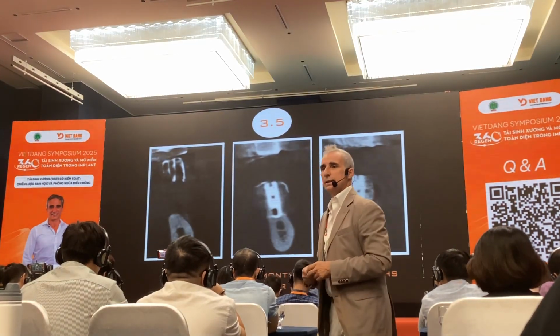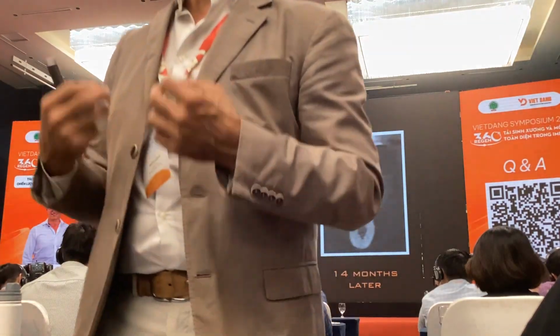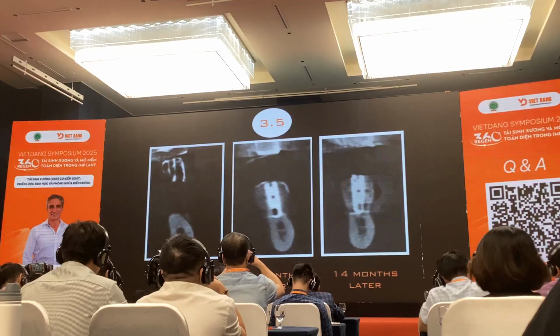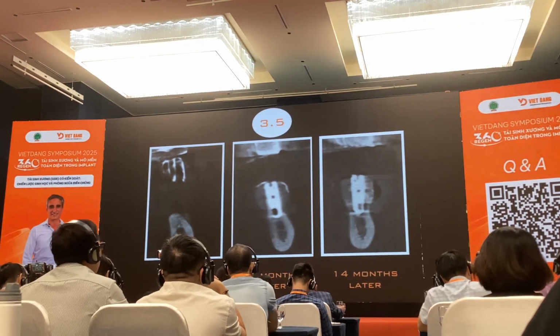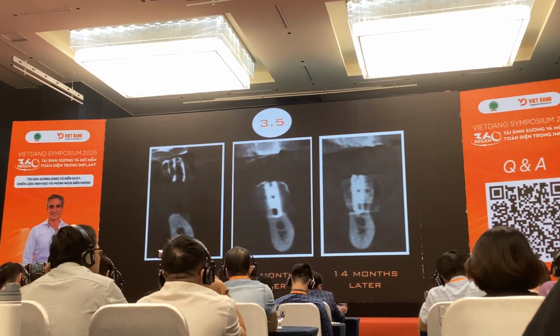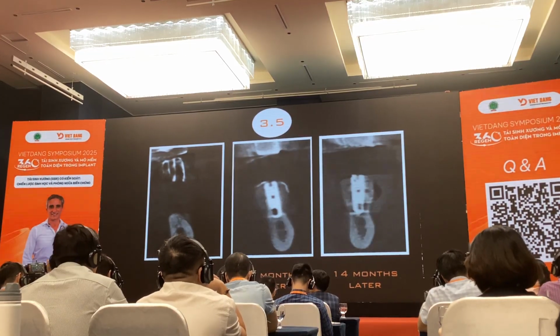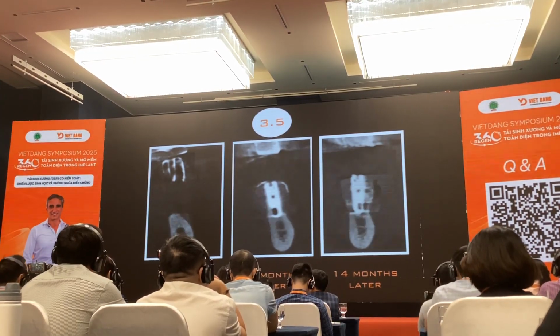Look at how the bone increases its density. Externally to the regenerated bone we can see a thin layer of cortical bone. Before we had not.